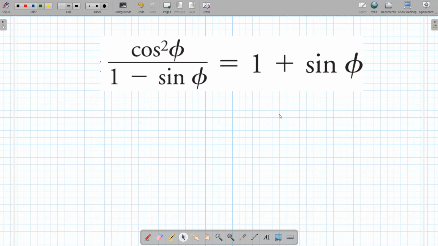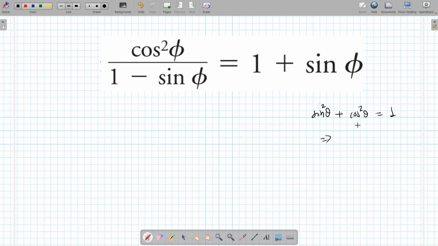This one is a little bit tricky, I think. Which side should we start on? You should probably start on the left because you can do more things with that compared to 1 plus sine. So let's say you have sine squared plus cosine squared equals 1, okay?